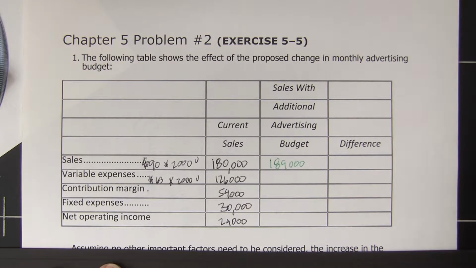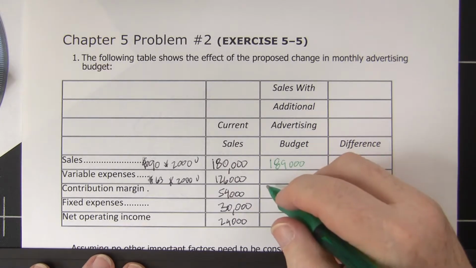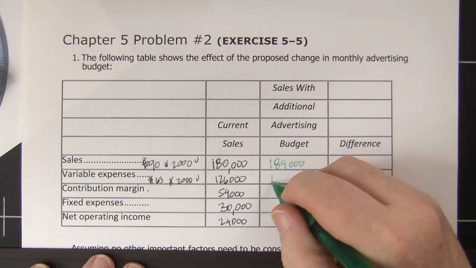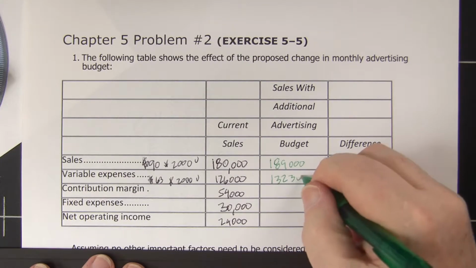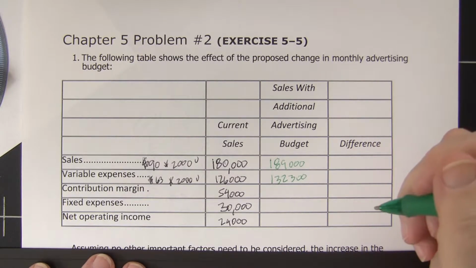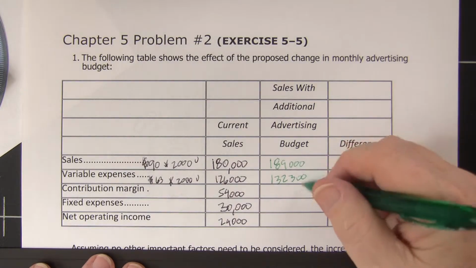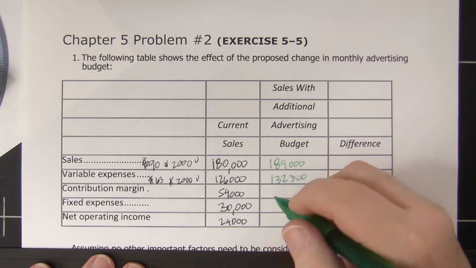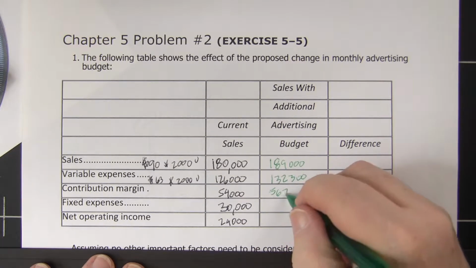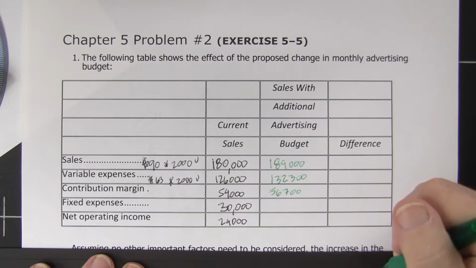Selling those extra units, we have to buy them or make them. So that's 100 additional units. And what was that, $63 a unit? So that increases from 126 to 132,300. Our contribution margin, do the subtraction, 56,700.